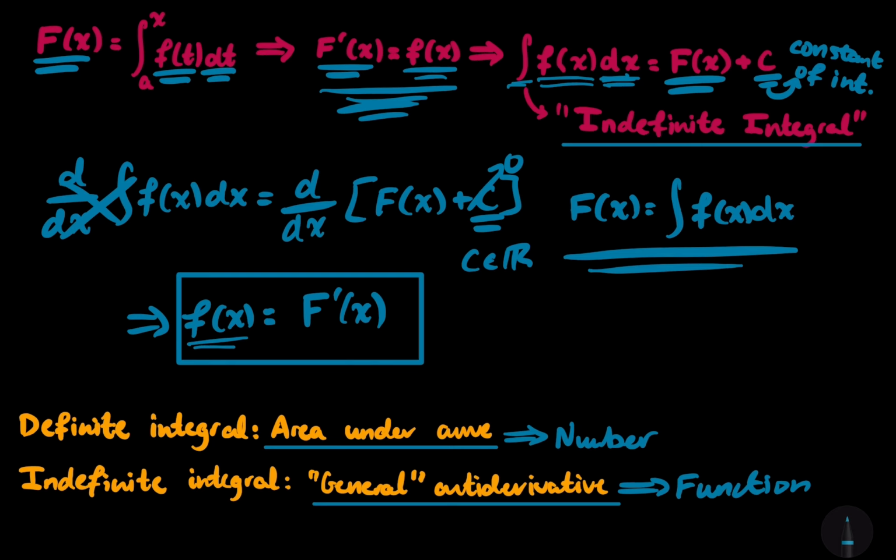So here we can officially say that capital F is the antiderivative of lowercase f, right? And when we evaluate this integral, we're going to end up with some constant of integration as well. And so that accounts for that constant. And so this is really what the antiderivative is. This is what the indefinite integral really is.